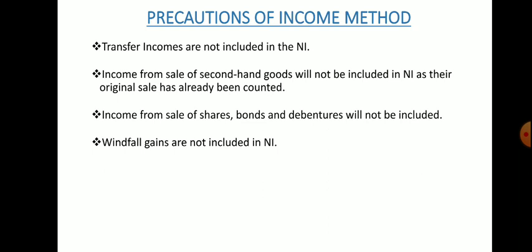You did not give any service or any goods for that, you did not sell anything for that. It is a windfall, suddenly you got that. No service, goods or commodity has been exchanged. So this type of windfall gain should not be included under national income. Clear?